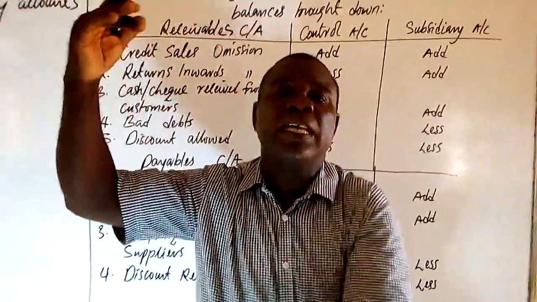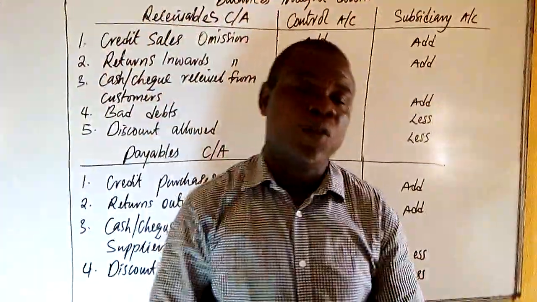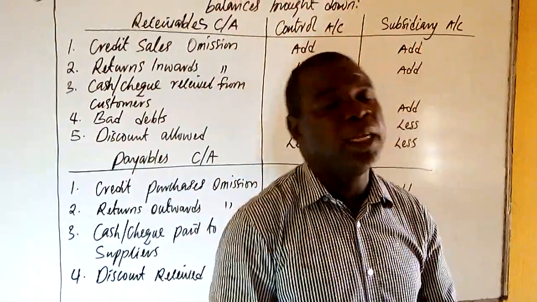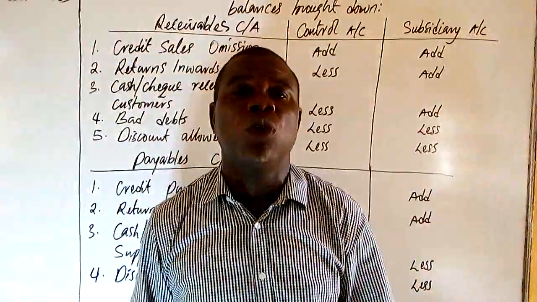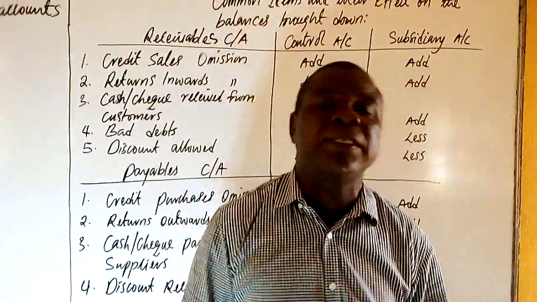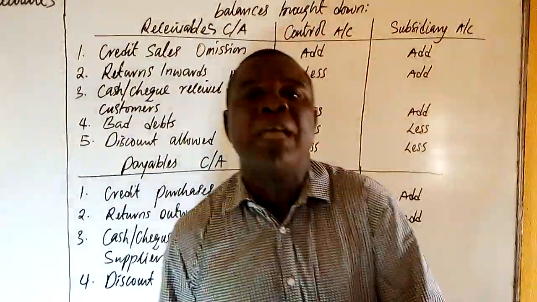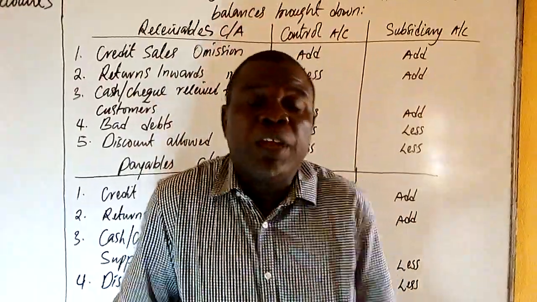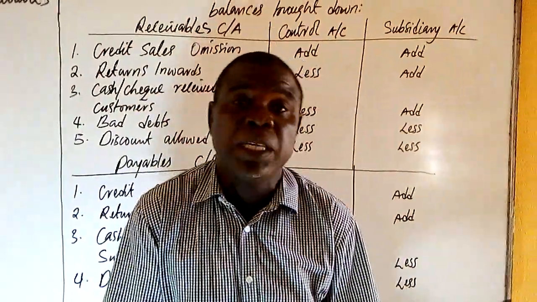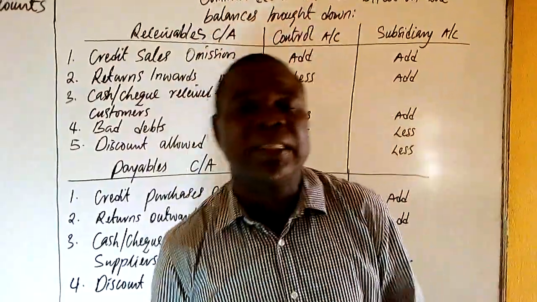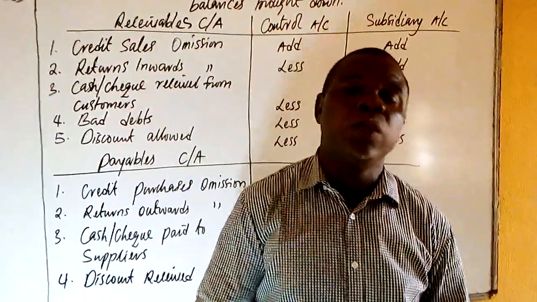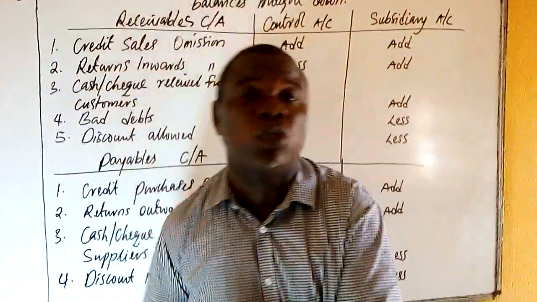The more the credit sales, the more the balances of the customers will increase as they owe the business. So if there was an omission, at the end of the day, the balance available will be less than what it was supposed to be. So if there's an omission in credit sales, the omission will be added to the balance given that disagrees with that of the subsidiary.